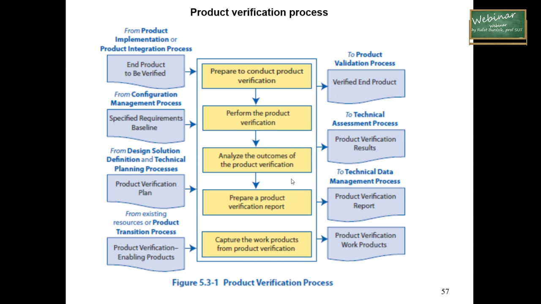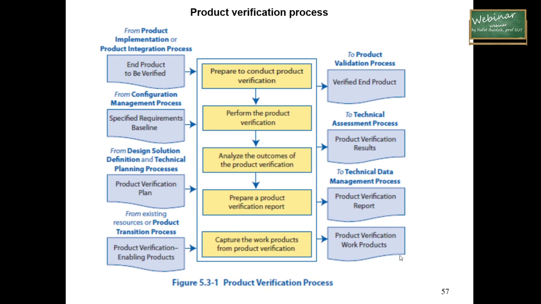The next step is to prepare the product verification report as the result of the previous operation. So I should use the product verification plan. I should check if I went through all steps of the verification plan, and then I am ready to deliver the product verification report to the technical data management process.